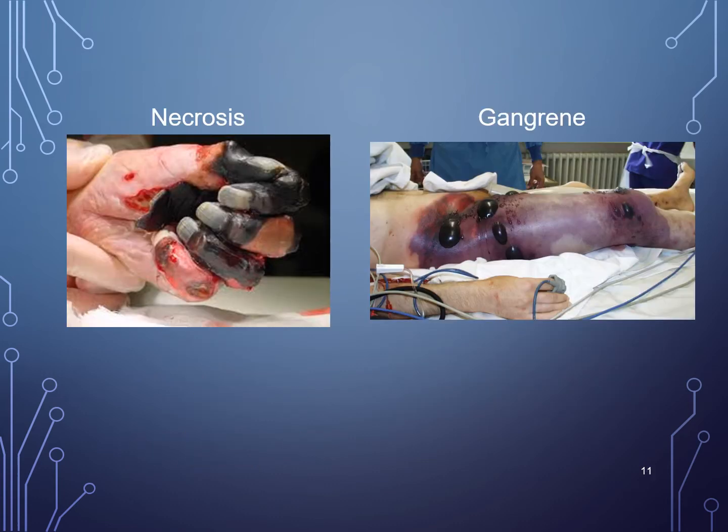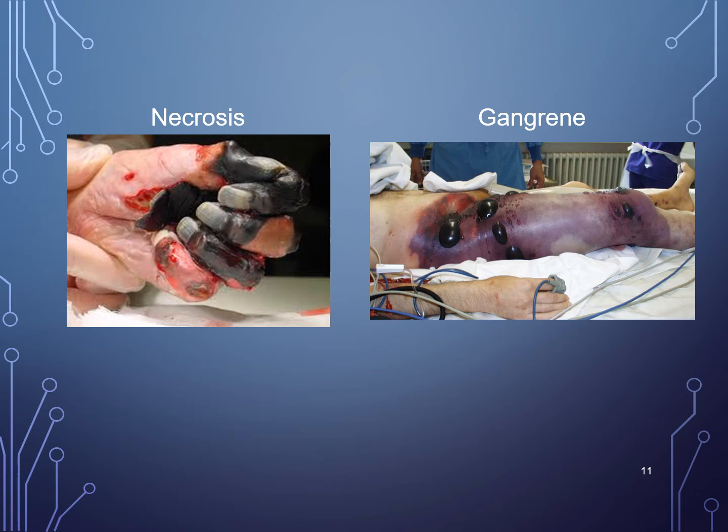Here are a couple pictures of what these types of situations can cause if we have some sort of blockage in vessels or that cause ischemia and we're not getting the adequate oxygen supply and nutrient supply to the tissues. A lot of times this starts at the extremities because that's the furthest point from the heart.